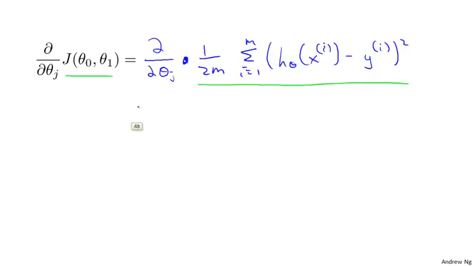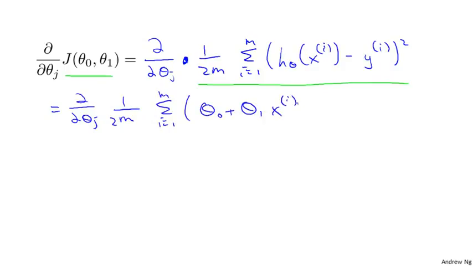Simplifying a little bit more, this is equal to the sum from i equals 1 through m of (theta 0 plus theta 1 x_i minus y_i) squared. All I did there was take the definition of my hypothesis and plug it in.